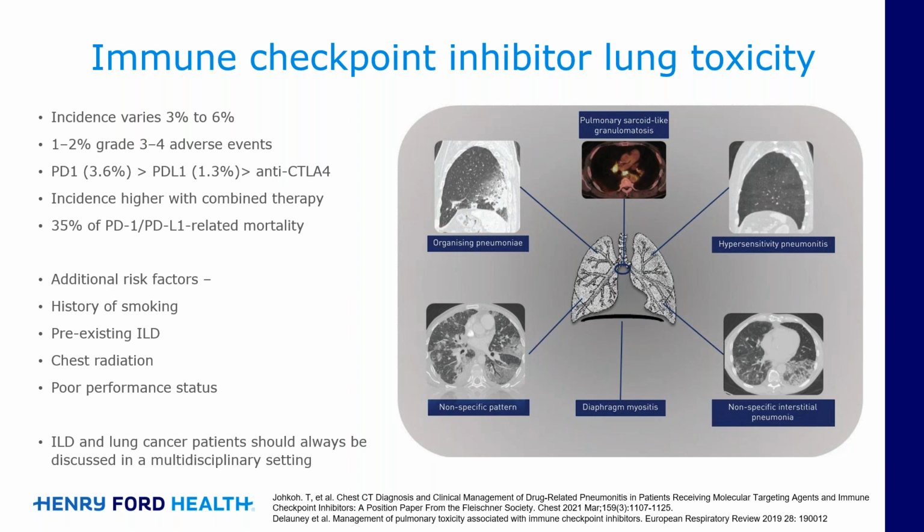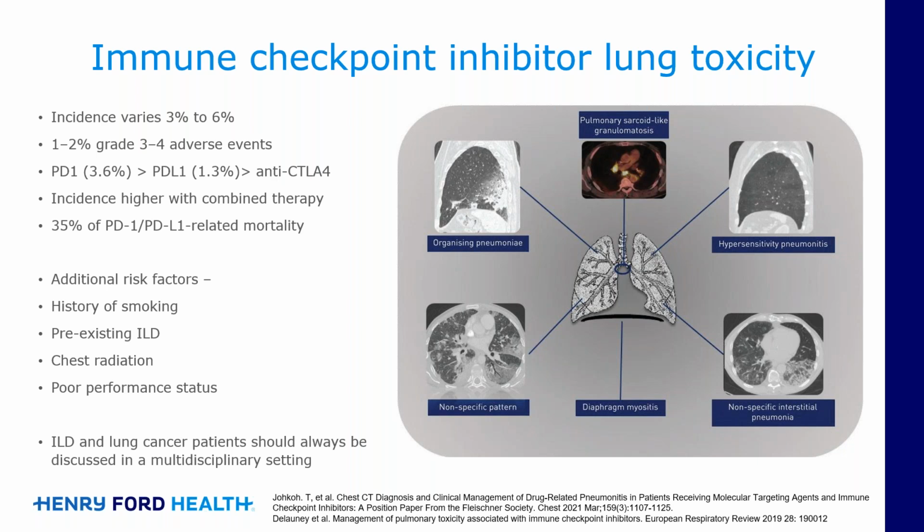Additional risk factors: patients who are smokers, or with a history of pre-existing ILD, have a higher risk of lung toxicity from immune checkpoint inhibitors. And typically what the societies recommend is that in patients who have ILD and concomitant lung cancer, decisions about discontinuing their therapy, what grade they fall into, and what treatment considerations are needed should be discussed in a multidisciplinary setting.